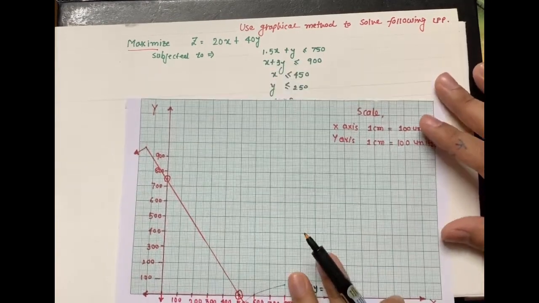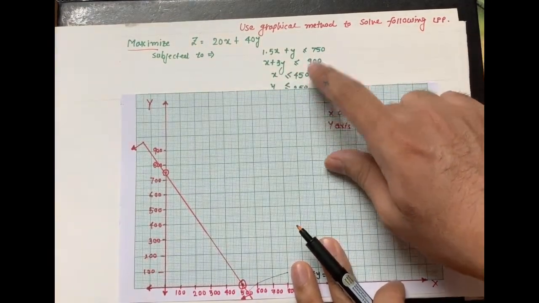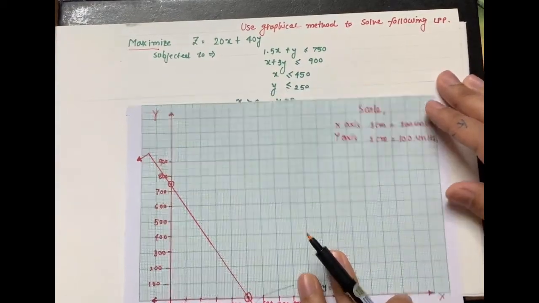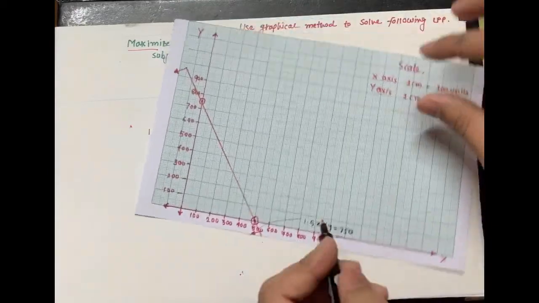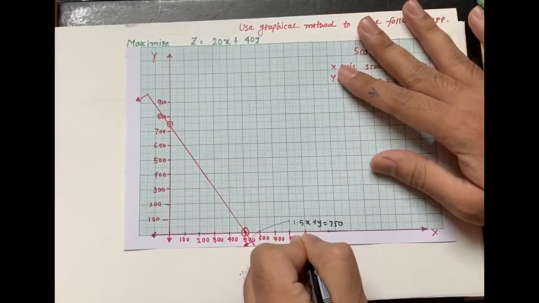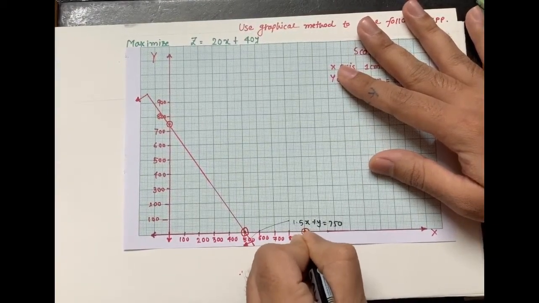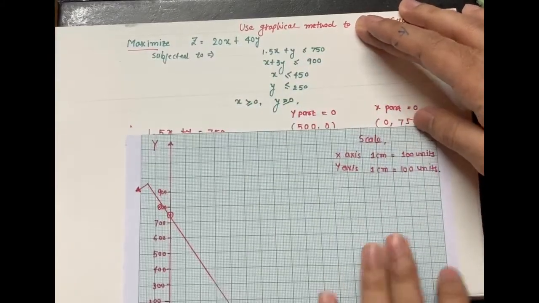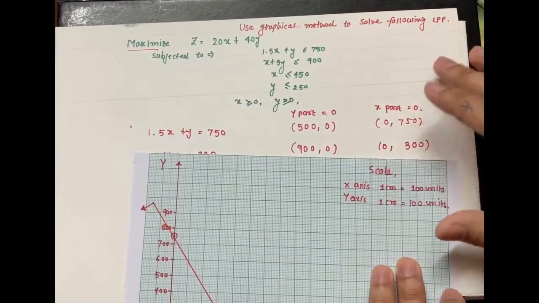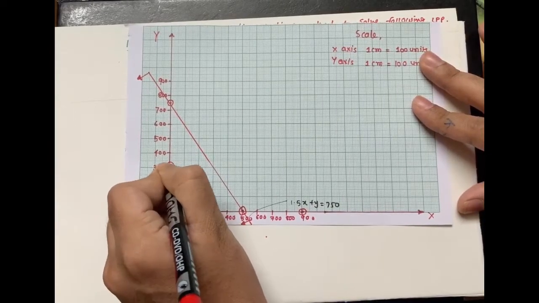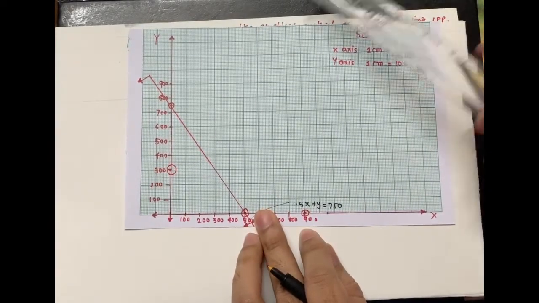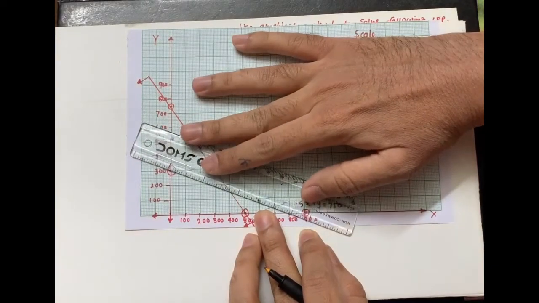Second line, x plus 3y is less than or equals to 900. What are the points? 900, 0 is this point, and 0, 300 is this point. Again, connect these two dots.